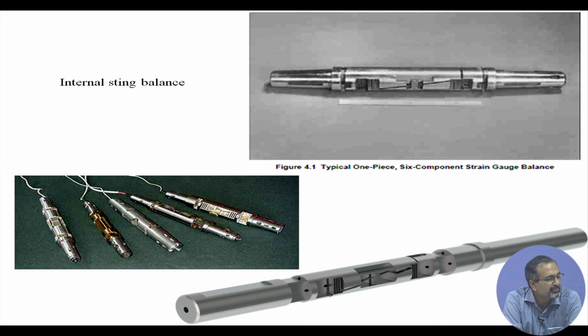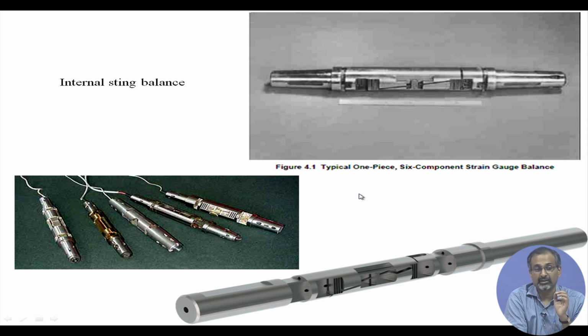Here we have pictures of a few of them, and very often what we find is that we have to be very careful about what kind of quality control we are maintaining when we are making the balance. So you have to talk to the balance fabricator and figure out what the major issues are. One of the major issues incidentally happens to be, if it's possible, to make it out of one piece of metal. That generally produces the best of balances. There are reasons behind it, we are not getting into it.